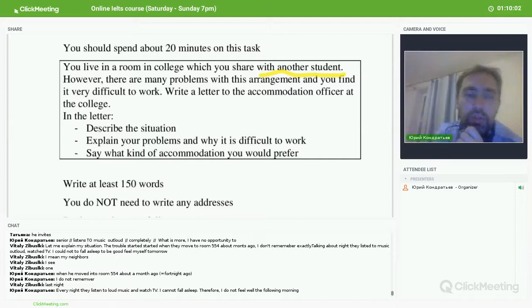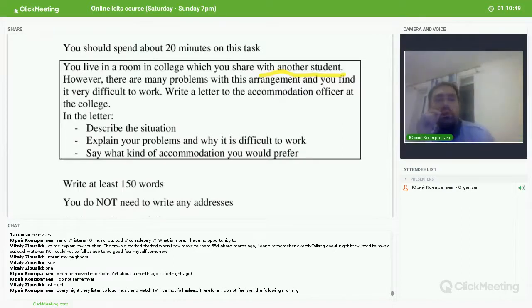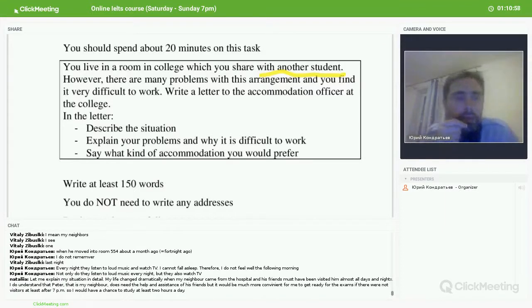Not only do they listen to loud music every night, but they also watch TV. Okay. And also, Vitaly, if you write last night, this is not the proper reason to change a neighbor. If it happened only once and only last night.